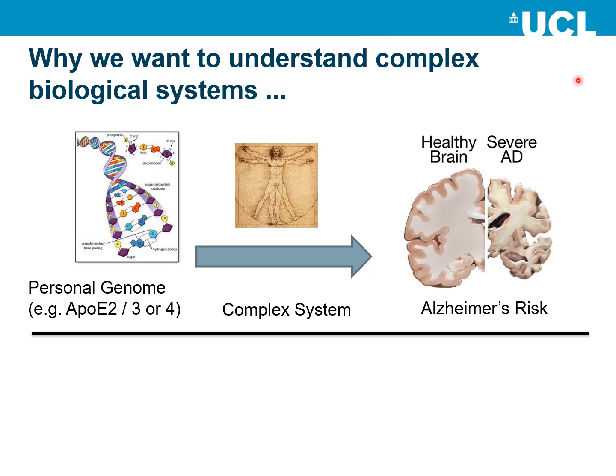So some motivation for why we want to understand these systems. There's quite a lot of interest at the moment in determining personal genomes. You can basically pay £40 and get companies like 23andMe to give you back your personal genome.